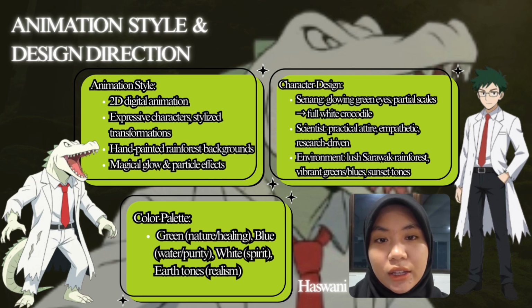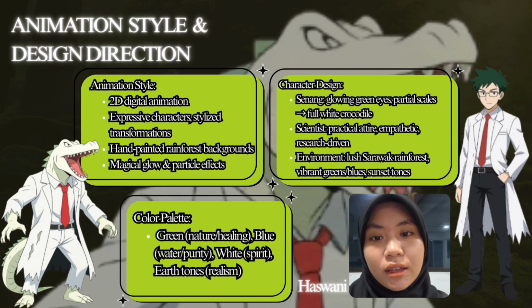Then the character design that we want to create: Senang has glowing green eyes, partial scales and a full white crocodile form. The scientist has practical attire, and is empathetic and research driven. The environment is a lush Sarawak rainforest with vibrant green and blue sunset tones.